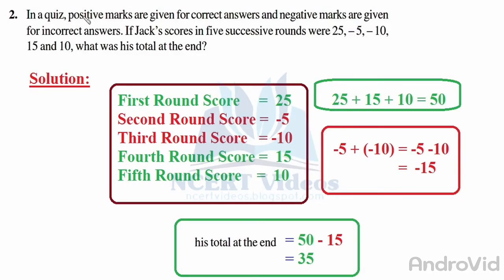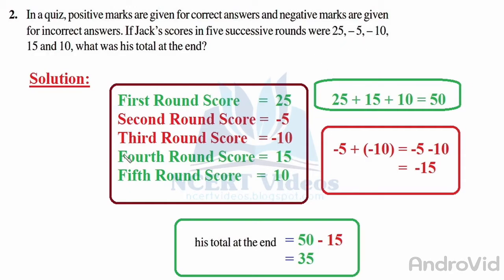Second, in a quiz, positive marks are given for correct answers and negative marks are given for incorrect answers. If Jack's scores in 5 successive rounds were 25, -5, -10, 15 and 10, what was his total at the end? So the solution is we have to write all the numbers first, of all the rounds he scored.